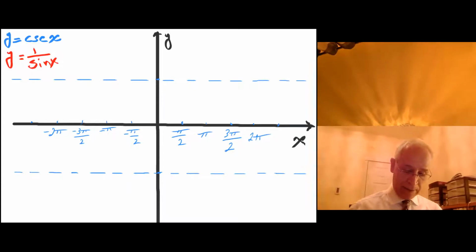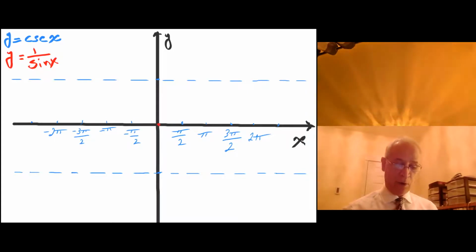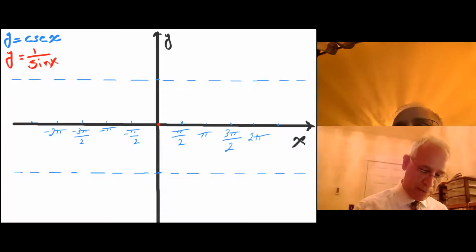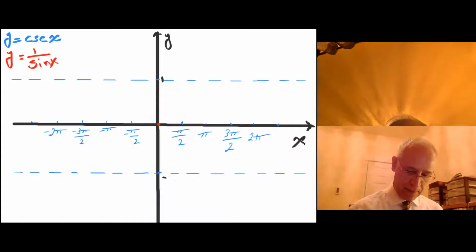I know that sine of 0 is 0, sine of pi over 2. And let me put my tick mark here. This is 1 right here, and this dotted line is -1.